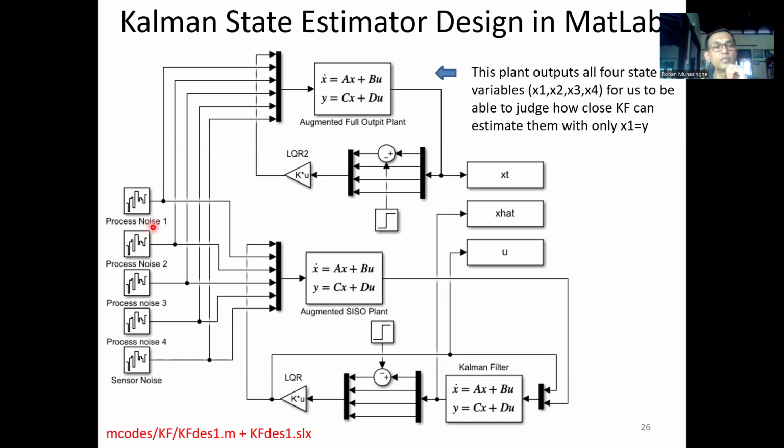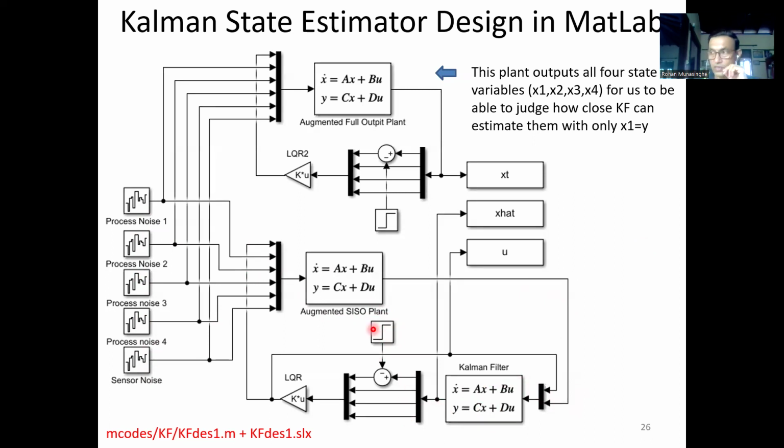These are the process noise and sensor noise combined together, and it goes to the augmented plant and produces output, which goes to the Kalman filter and produces the 4 states.